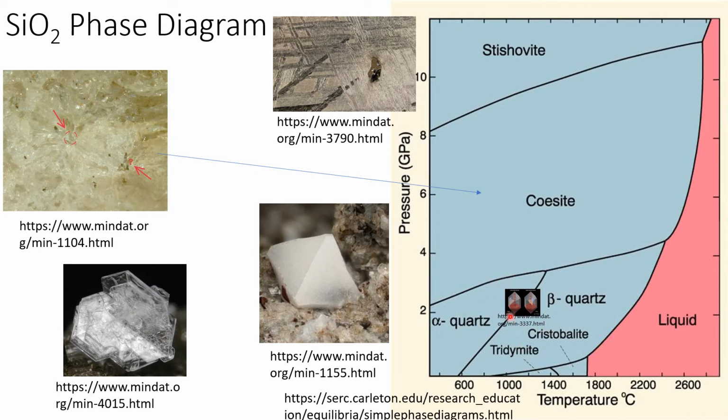So if you have amorphous silica like opal, as in a gem, opal is not stable, and there are articles in the geology literature about this, but we think that it eventually will revert to a version of quartz, depending on its pressure and temperature regime. That selection depends on where it is on this phase diagram. You follow the pressure and temperature, and you say, well, it's beta quartz or alpha quartz, depending on which one you're in.